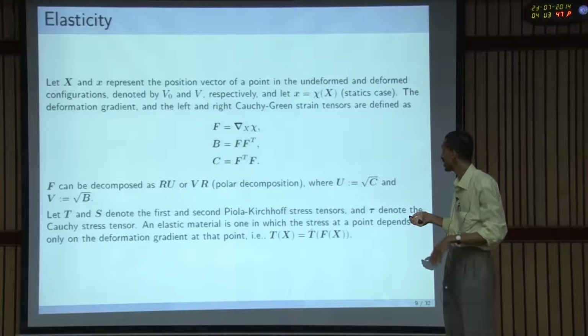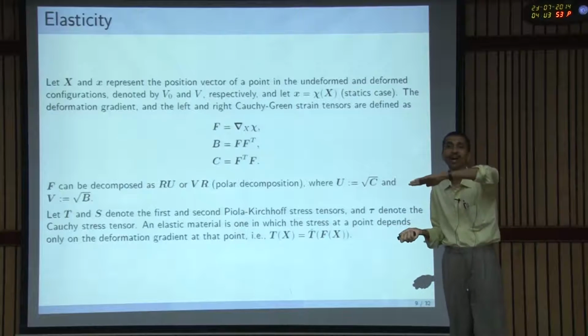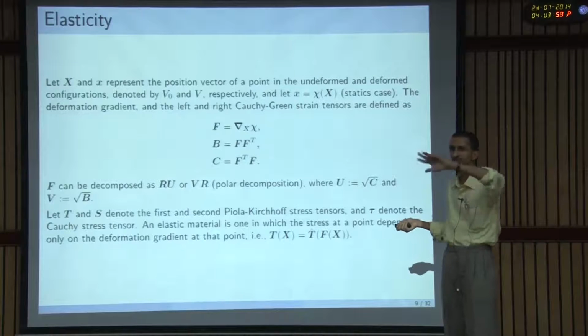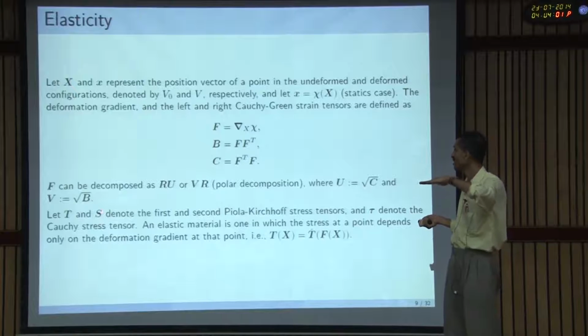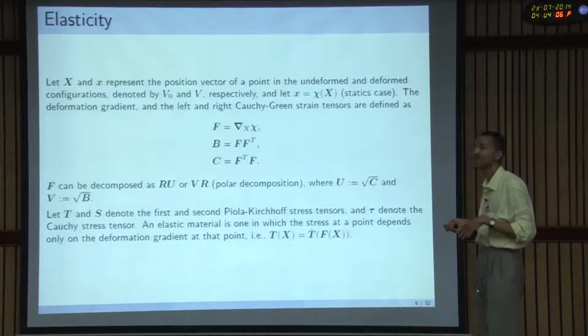These measures of stress, P and S, the first and the second Piola-Kirchhoff stress, are defined on the reference configuration. Actually P is like a mixed tensor, but we are again not getting into that. But S is a tensor that lives totally on the reference configuration, and this is like a mathematical device.